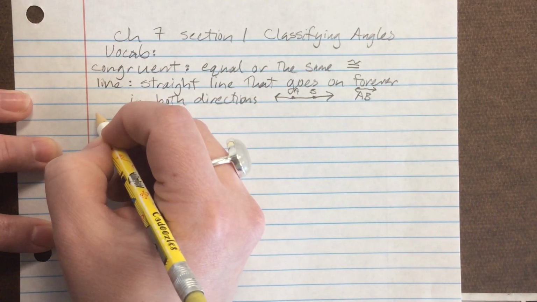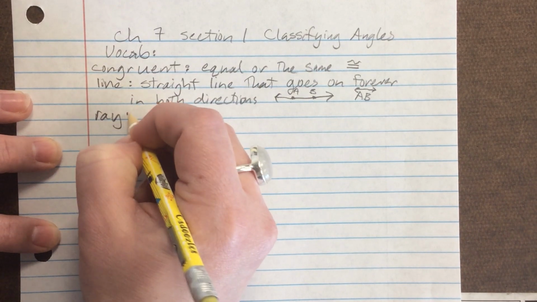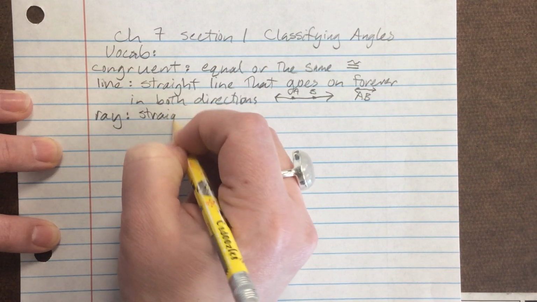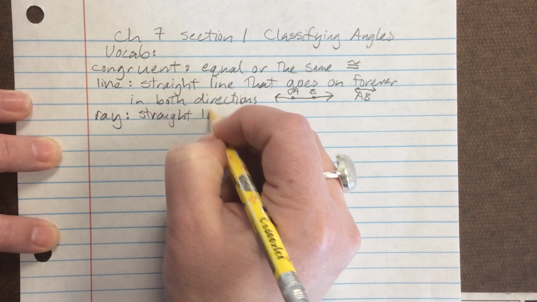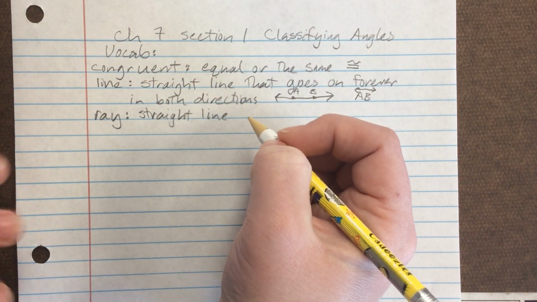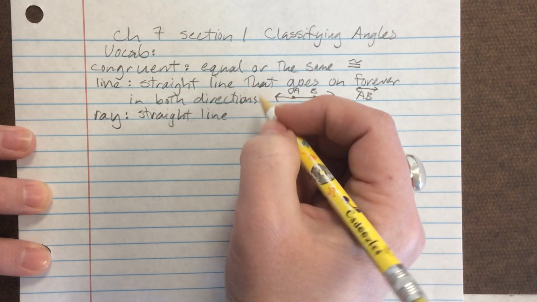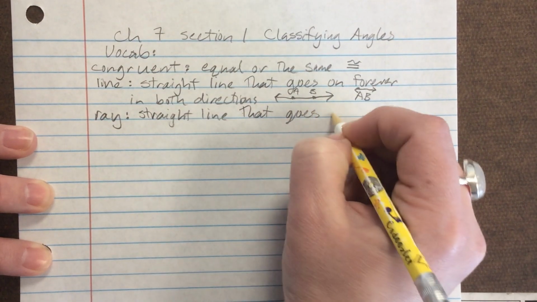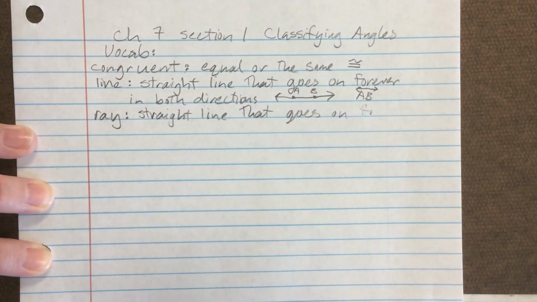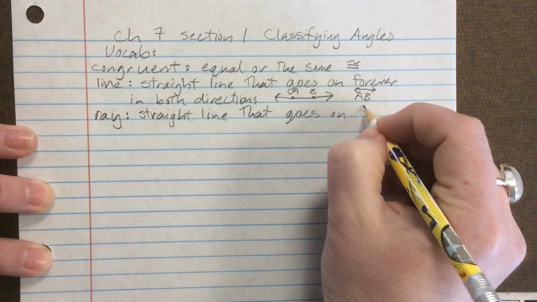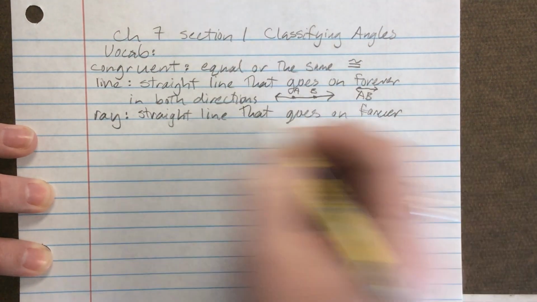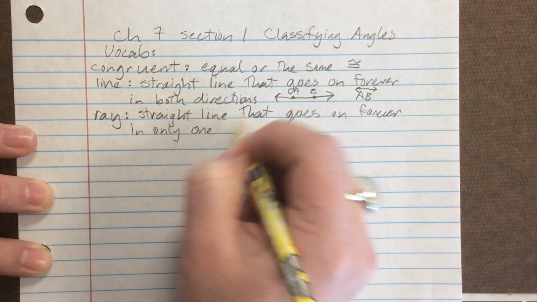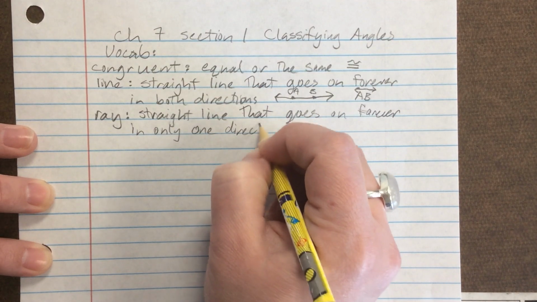Okay, next up is a ray. A ray is a straight line that goes on forever in only one direction.